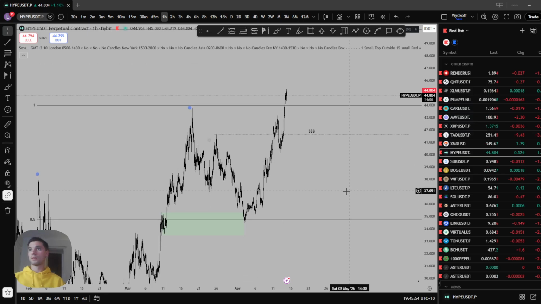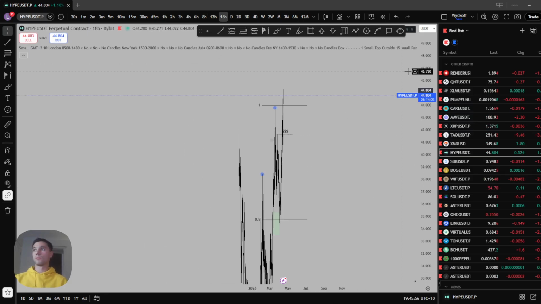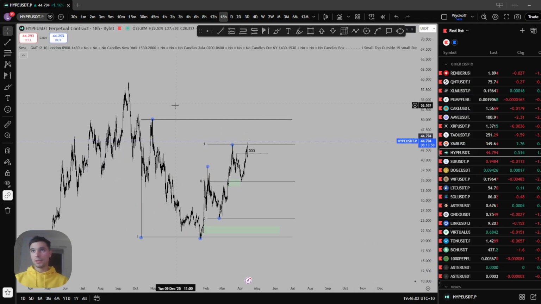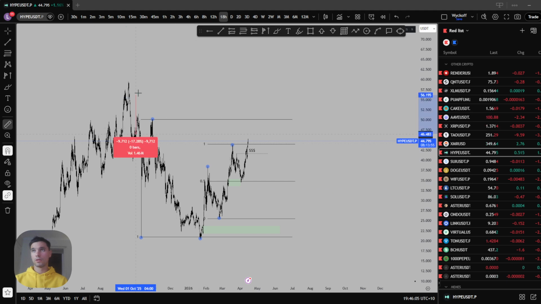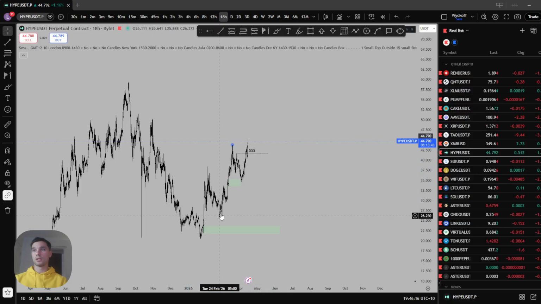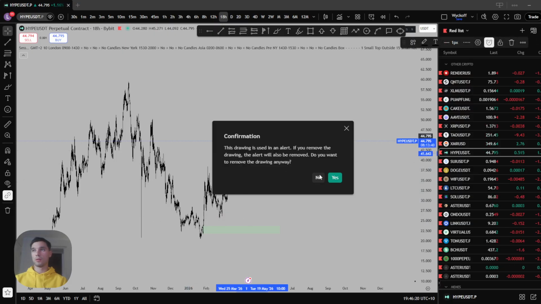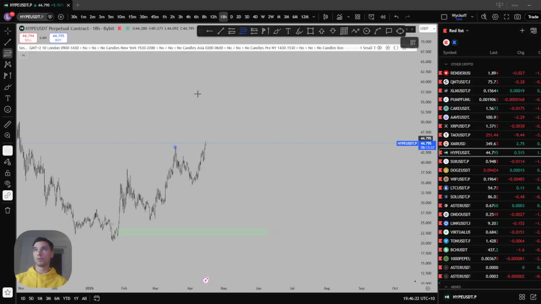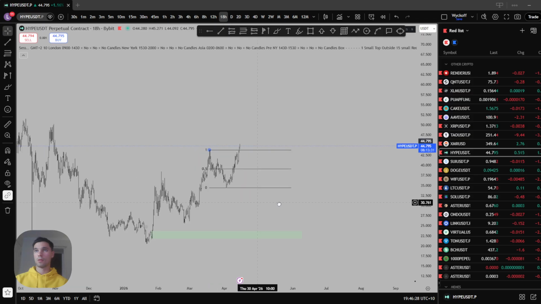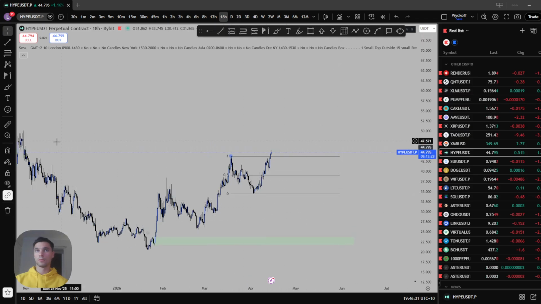Hype. What is going on here? Range is absolutely gone. This is the only thing I'm interested in at the moment. The only range I'm interested in. Everything here you can see has been mitigated.